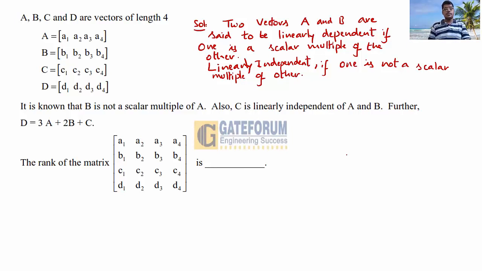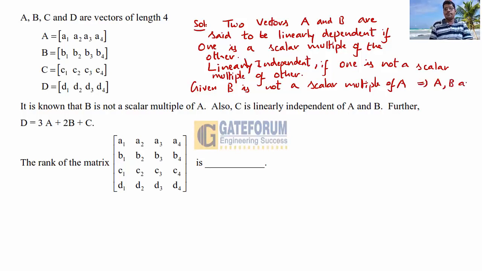So now, given B is not a scalar multiple of A, which implies A, B are linearly independent. The short form LI is nothing but linearly independent.